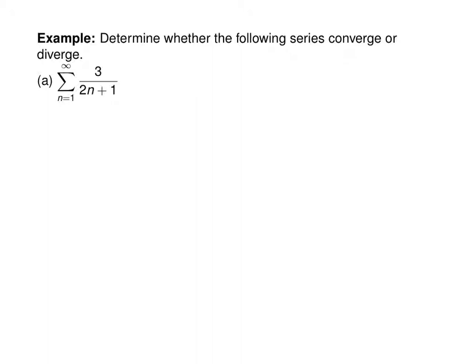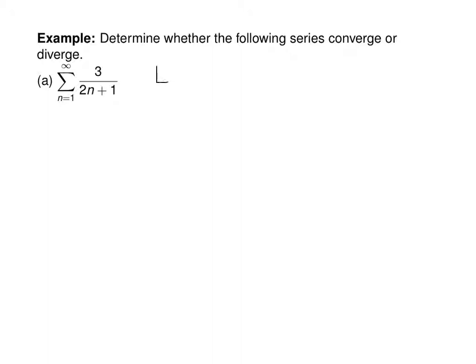Next, we'll use a test we haven't used in quite a while. So this example, this series looks an awful lot like the harmonic series, sum from n equals 1 to infinity of 1 over n, which we know diverges. But direct comparison will not work, as the terms of this are smaller than that series.